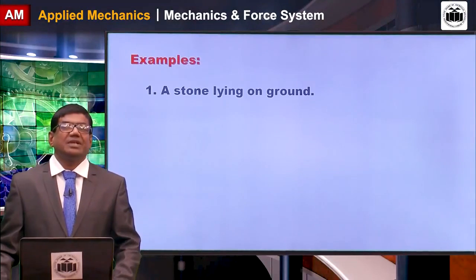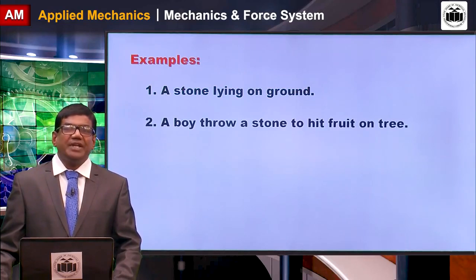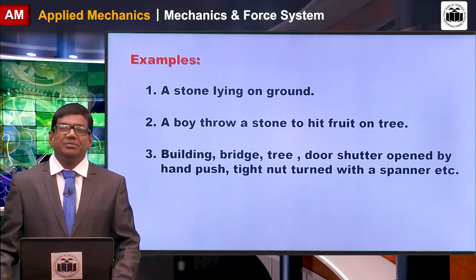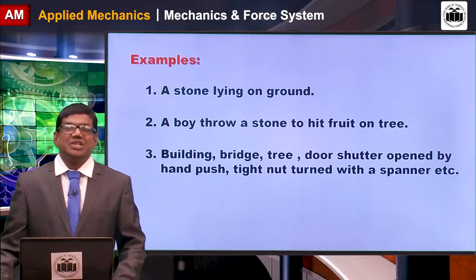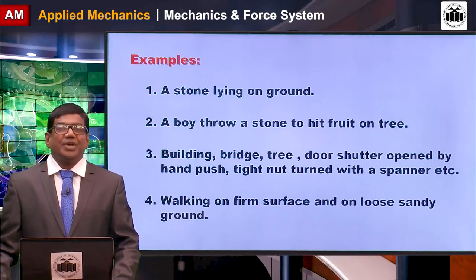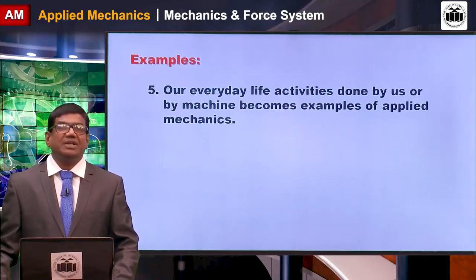Examples: a stone lying on the ground, a boy throws a stone at a tree to hit a fruit, building, bridge, tree, door, shutter opened by hand push, tight nut turned with a spanner, etc. Walking on firm surface and on a loose sandy ground.